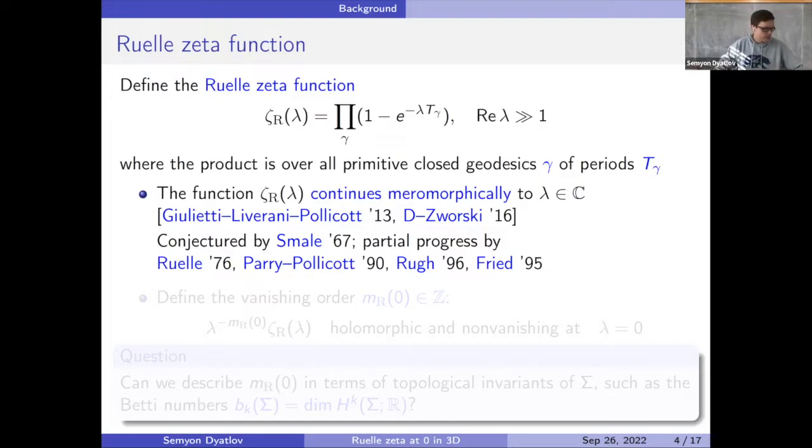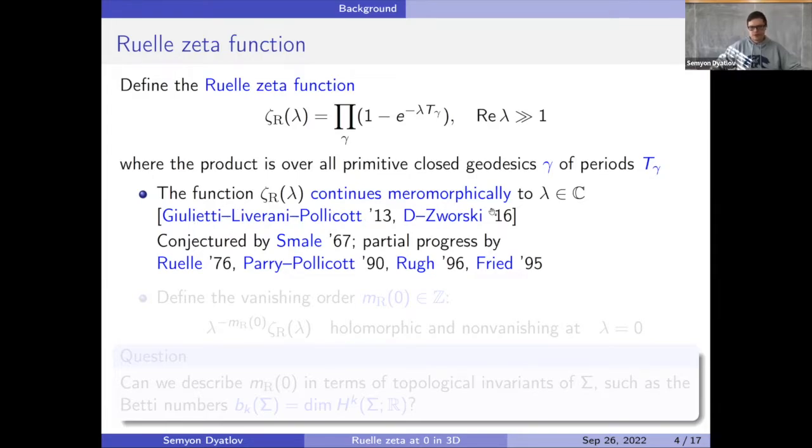And then you try to continue it to the entire complex plane, and then hopefully you get some zeros or poles or something, and those singularities might tell you something about the original sequence. Now, here we're going to be going pretty deep into the continued region, so we're not going to be able to extract asymptotics of the geodesics from this. But anyway, what's known is that it continues meromorphically.